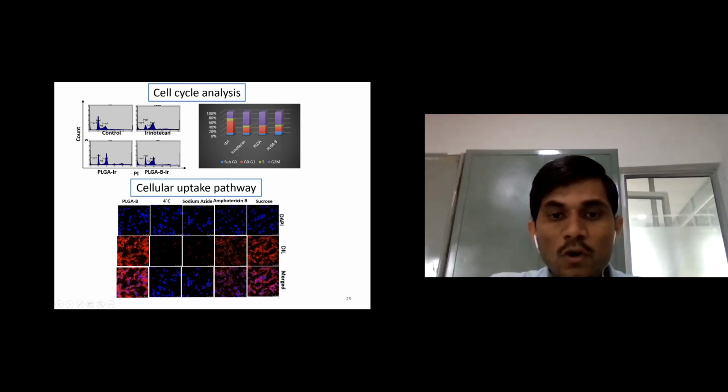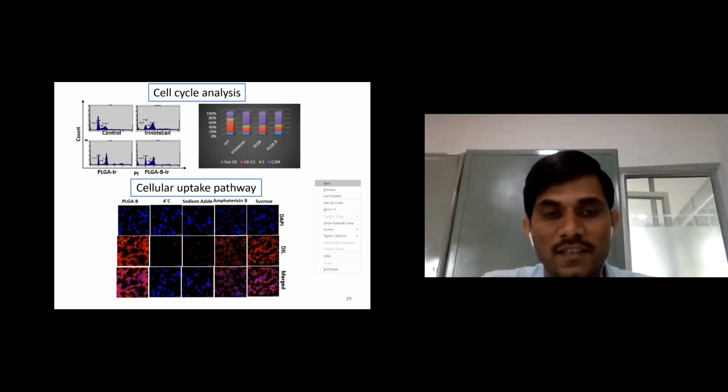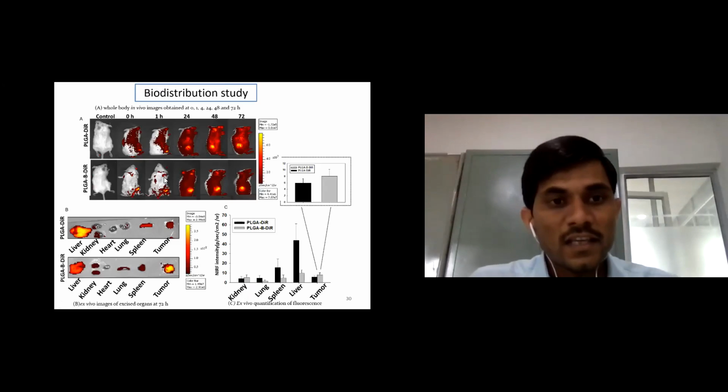Then cells with nanoparticles, and we have observed that at 4 degrees Celsius and with sodium azide treatment, there is no cellular uptake, which indicates that active transport is the pathway responsible for uptake of these nanoparticles into the cell.